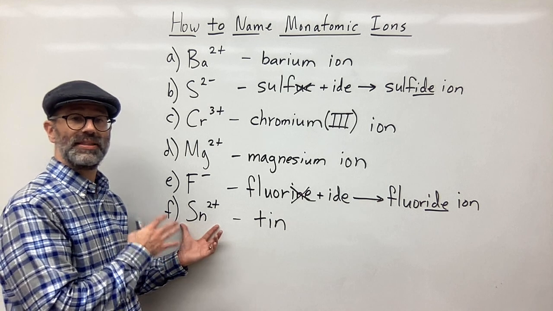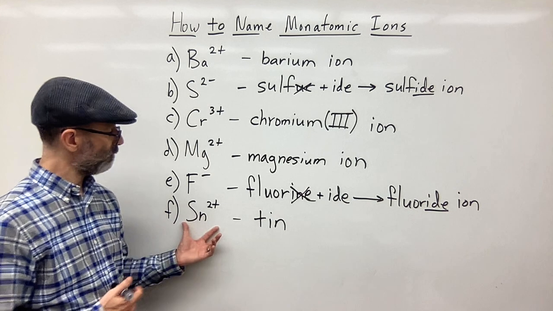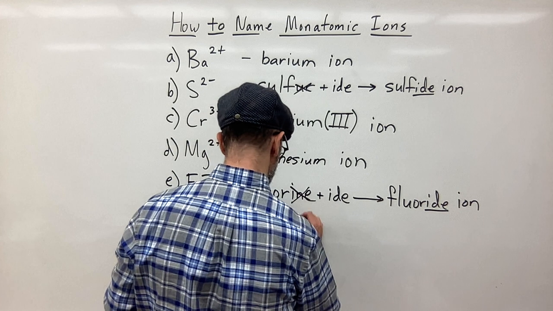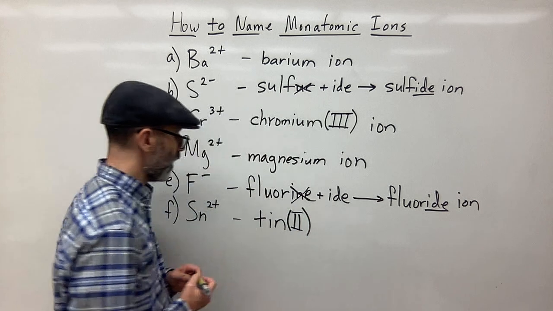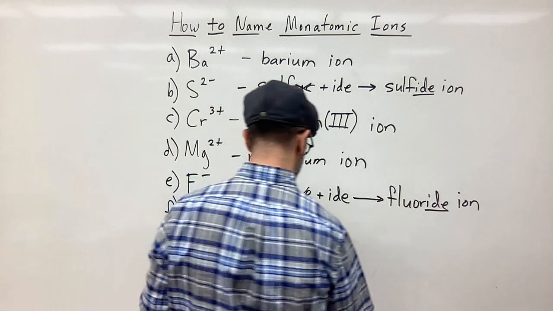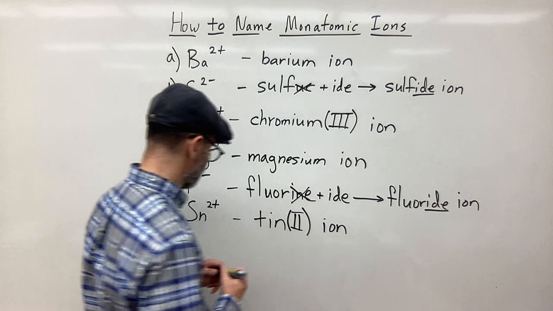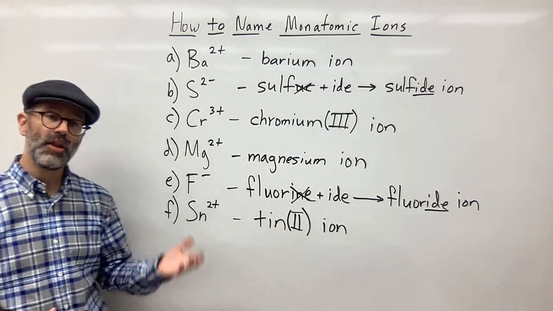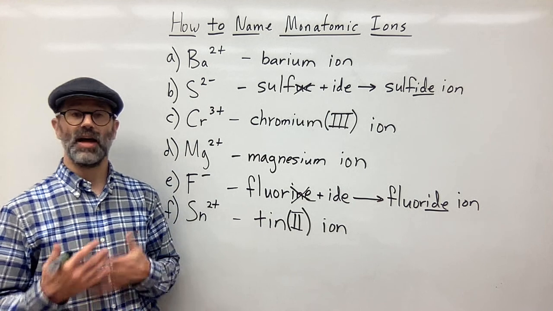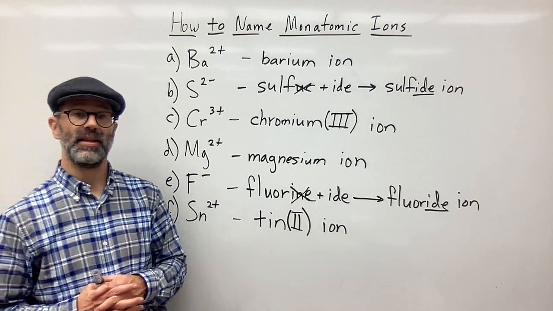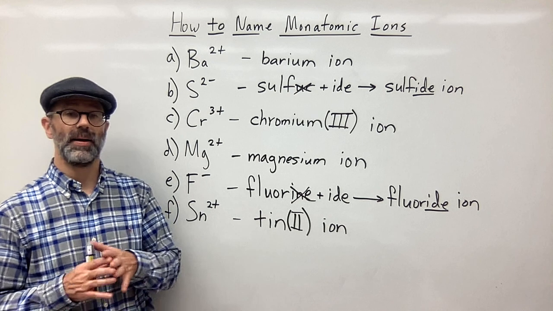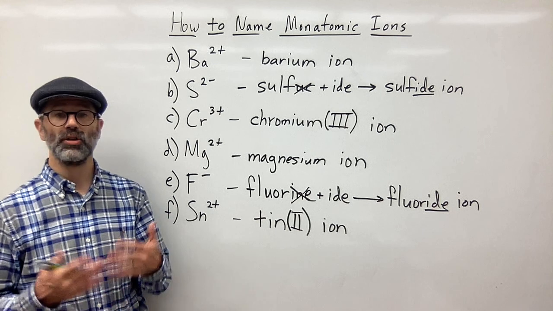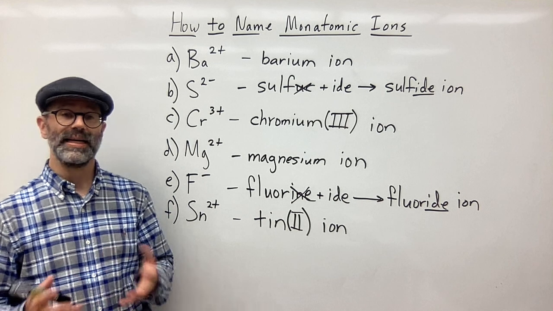So even though this is a main group element, it's going to have a Roman numeral because there are multiple possible charges. In this case, it has a 2 plus charge. So we are going to put a Roman numeral 2 and then the word ion. So this is the tin 2 ion. Another example is lead. Lead is another metal in the main group elements that will have multiple charges, and so lead will also have a Roman numeral in the name.